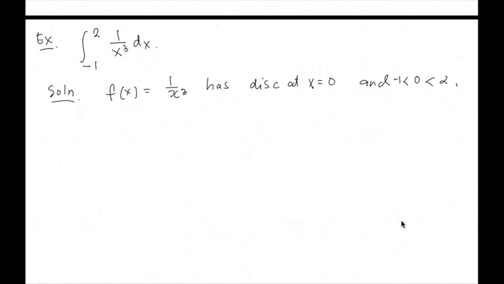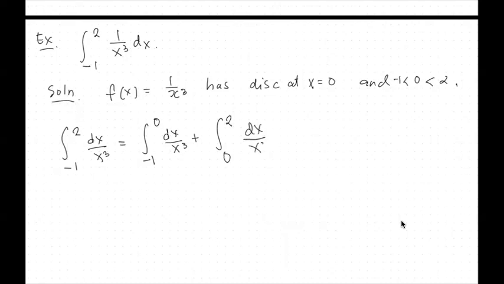It's 0 here, so we write the integral from negative 1 to 2 of dx over x raised to 3, by the property of integrals earlier, as the integral from negative 1 to 0 plus the integral from 0 to 2. And now we can solve this individually.